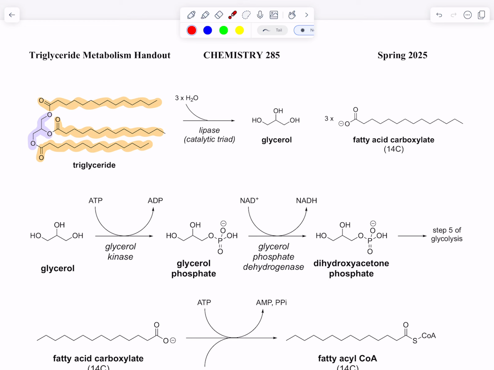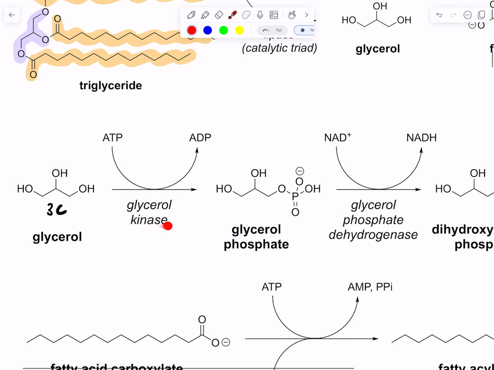Glycerol is going to get modified and then shunted over into glycolysis. So notice that glycerol has 3 carbons. It's a 3-carbon alcohol. And so what we're going to do is use a kinase to transfer a gamma phosphate group from ATP to one of the primary hydroxyls of glycerol to get a phosphoester.